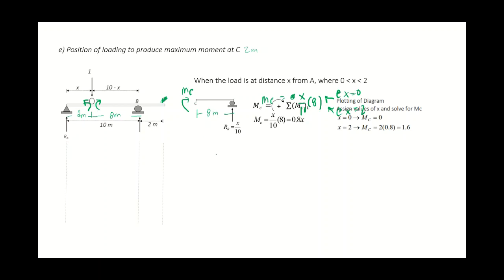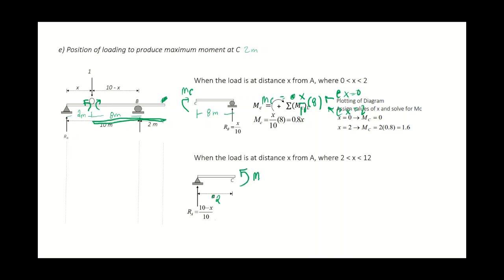And then, we have 2 to 12 ulit. Tapos, kapag 2 to 12, or ito namang side na to, FBD naman ng left. Ayan siya. This is 2 meters. Ito yung MC natin. So, we have MC is equal to 10 minus x over 10 times 2.